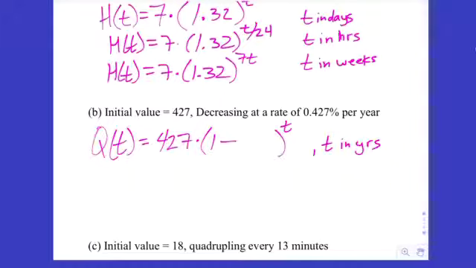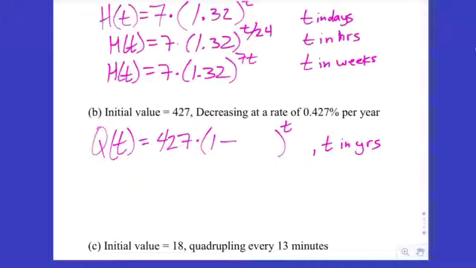All right, let's see how you did it. I called mine Q of t, just changed the name to keep it exciting. The initial value is 427, so that's a. That's easy. It goes in the front. Now we're decreasing by 0.427%. So this is the decay rate. So it's going to be 1 minus that as a decimal. So are we subtracting 0.427?